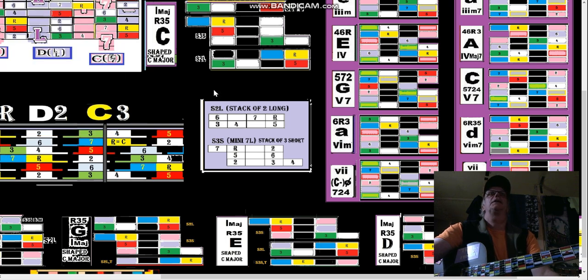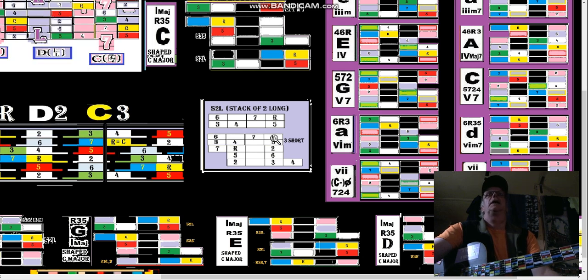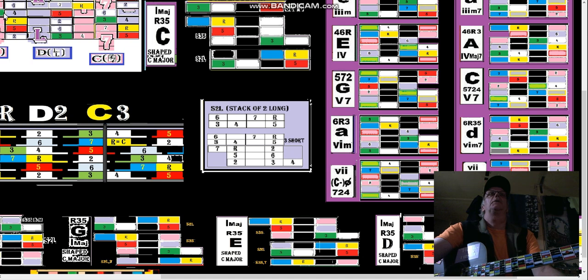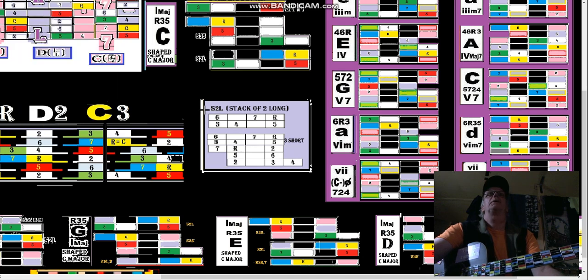You paste it. Oh, it didn't go anywhere. But you put it right there and paste it there. Then that's where it goes. Then we take another one of the S3S's. Copy that, paste that. We're going to paste that on top of here again.